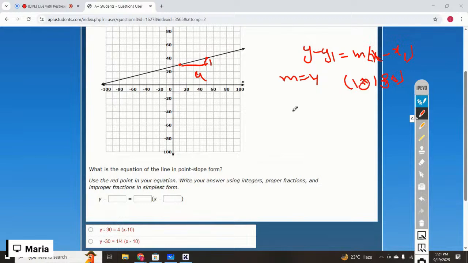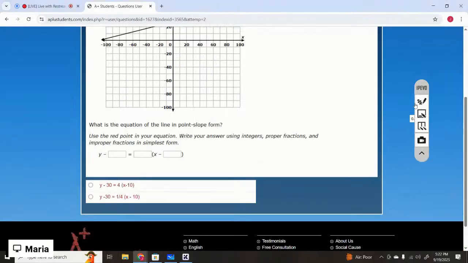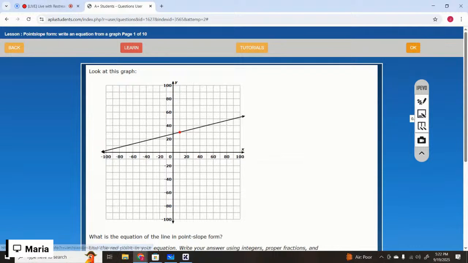Okay, so y minus y1 is 30, m is 1 over 4, and x minus x1 is 10. So that is y minus 30 equals 1 by 4 times x minus 10. So option number 2 is the correct option.